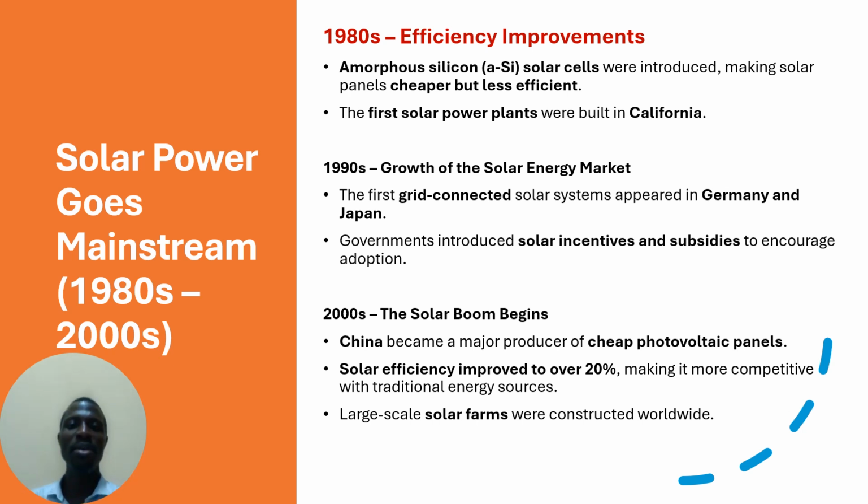China became a major producer of cheap photovoltaic panels, and solar efficiency improved to over 20%, which was very remarkable, making it more competitive with traditional energy sources like power generation from fossil fuel, using coal and other forms of power generation. And large-scale solar farms were constructed worldwide.